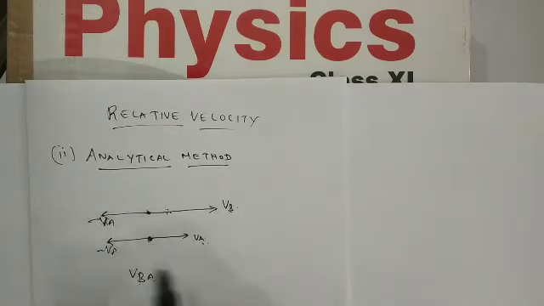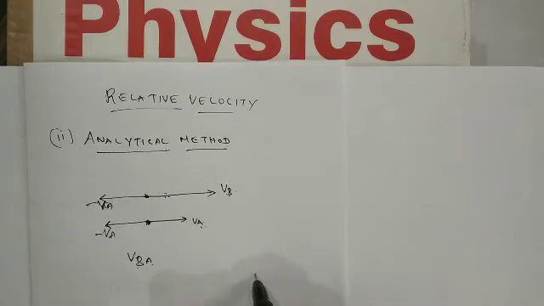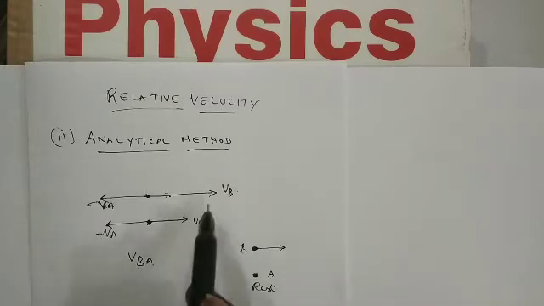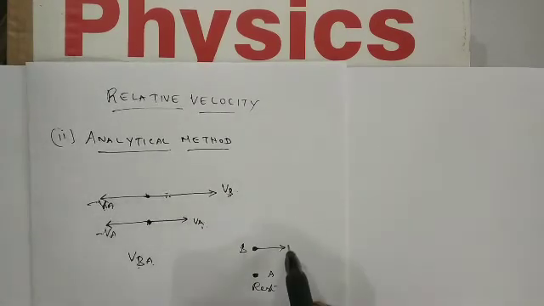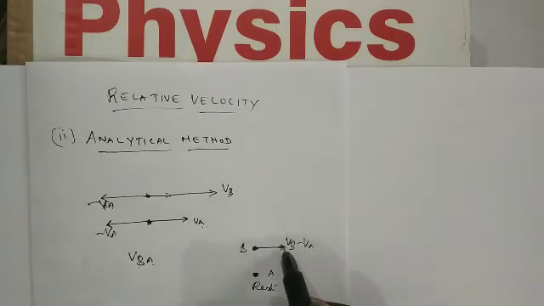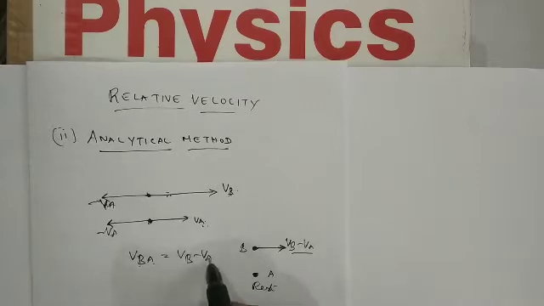After imposing, A is at rest. And the body B will have VB minus VA, a lesser velocity. This is the relative velocity of B with respect to A.